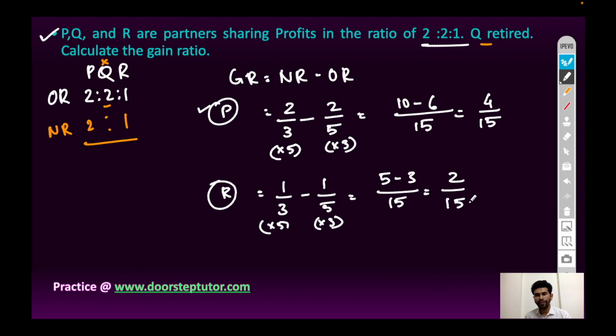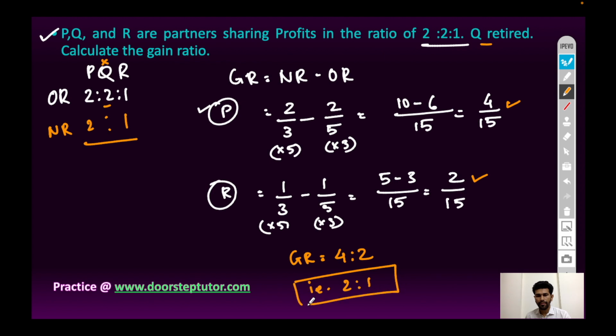So gain ratio is 4:2, that is 2:1. Gain ratio is 2:1.